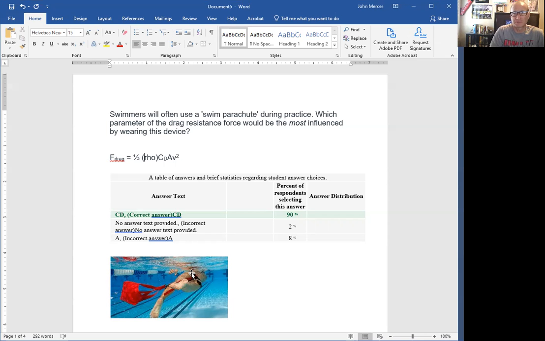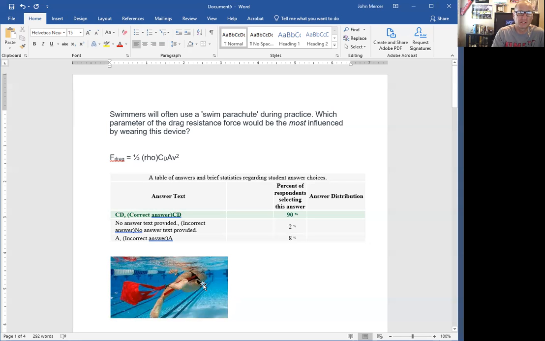It's the shape of the object. In this case, adding on the parachute almost makes the person more of a rectangle, and that is going to interfere with how well the fluid is moving over the object. If you chose A, that's not a bad answer either. But the reason it's not A, frontal area, is that if you get on the head side of this swimmer and look at the swimmer, you would not see this red parachute in the back.